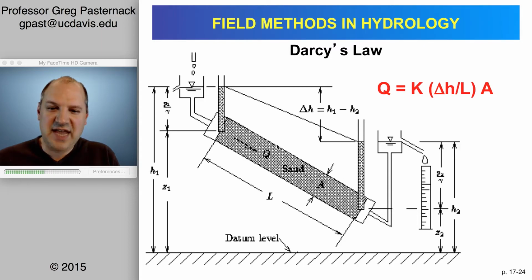Anyway, here we have sand, and it has a cross-sectional area A, which is the area of a circle. The flux through this is given as Q, so it's going to be flowing from the area of high pressure to low pressure. To get things started, we're going to have a water reservoir that's going to be maintained at a constant elevation or head, which is shown up here.